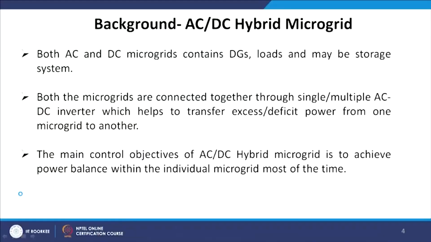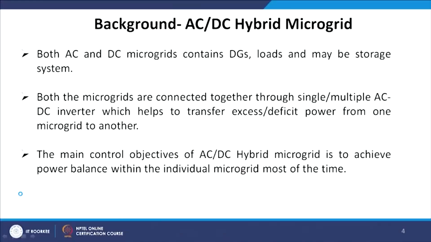Both AC and DC microgrids contain distributed generators, loads, and maybe storage elements or storage systems. So you may have an AC microgrid, which may have its own distributed generators, loads, as well as storage systems. Similarly, the DC microgrid may have all three components like distributed generators, storage elements or systems, along with loads which are either AC or DC type.